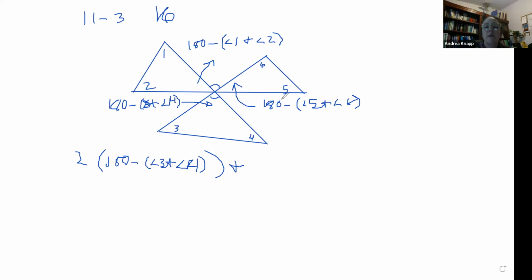Plus, now we've got this angle here and the one across from it. So 2 sets of 180 minus angle 5 plus angle 6. Having fun yet?